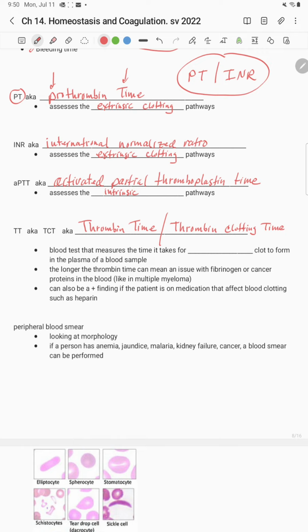It's a blood test that measures the time it takes for a clot to form in the plasma of a blood sample. A longer thrombin time can mean an issue with fibrinogen or cancer proteins in the blood. An example of cancer would be multiple myeloma. It can also be a positive finding if the patient is on medication that affects blood clotting, such as heparin.